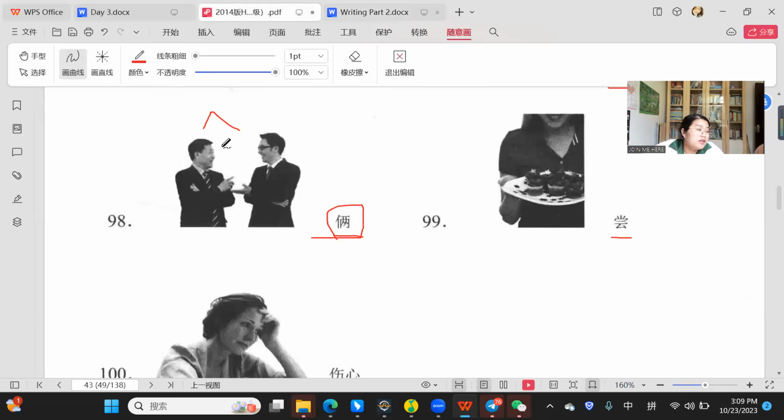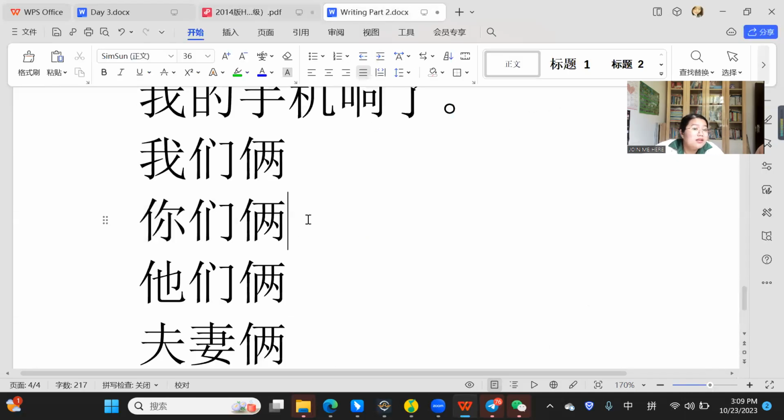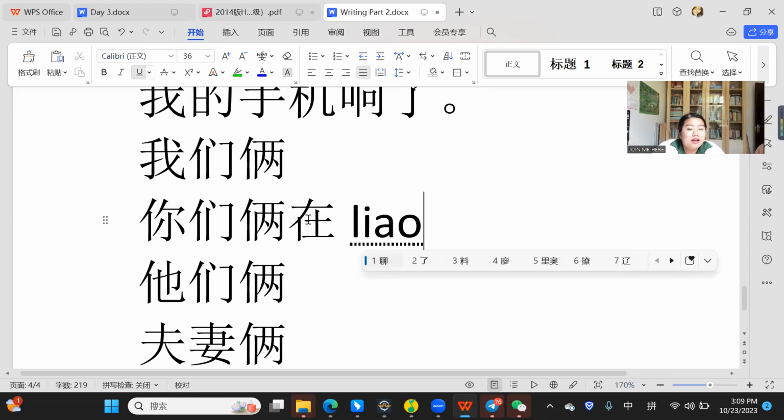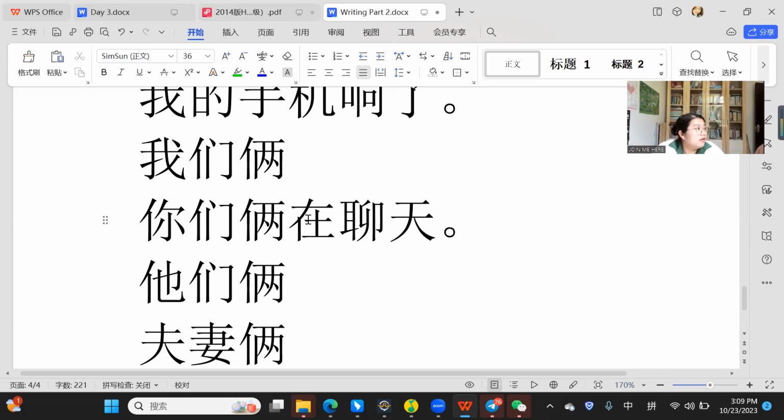And what are they doing? They are talking. 所以他们俩在聊天。They are talking, right? So, discussing.